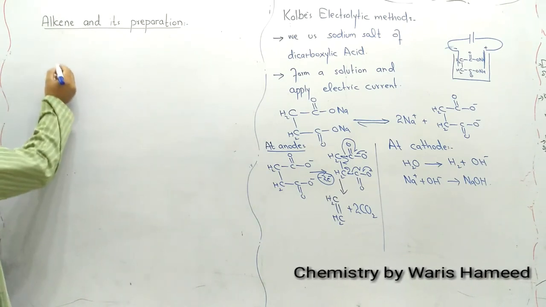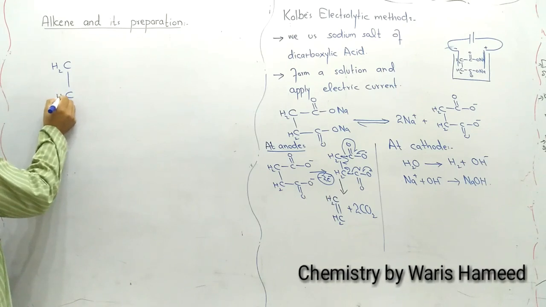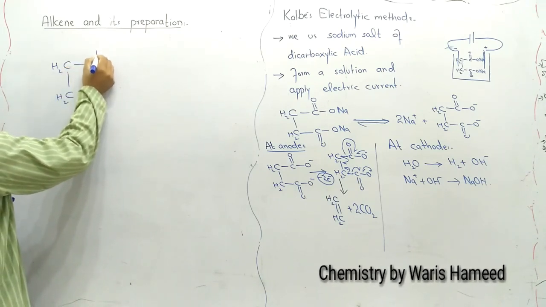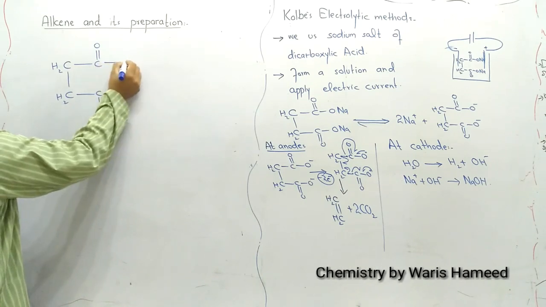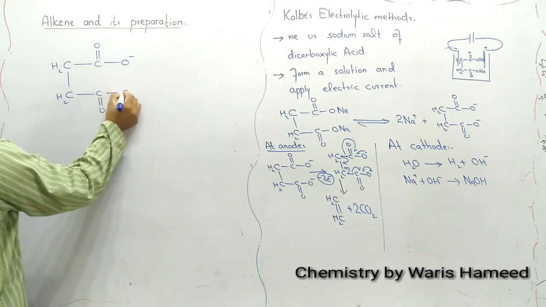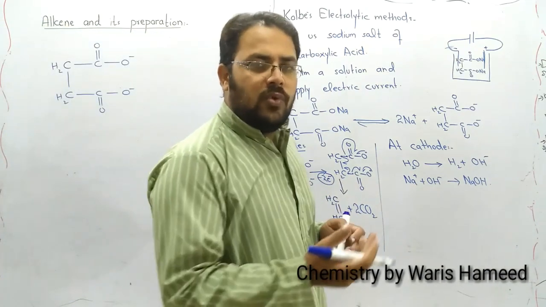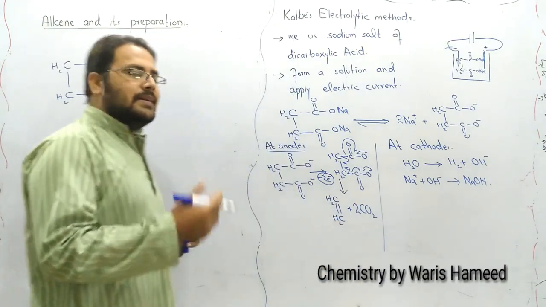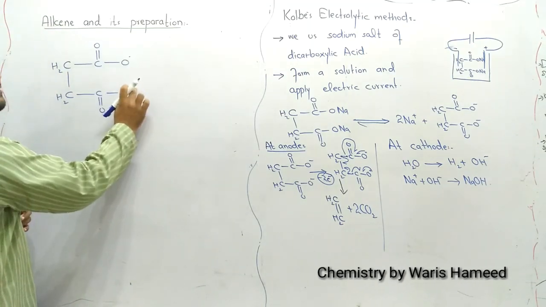Again writing this: CH2 single bond CH2, C double bond O, C double bond O, and O negative, O negative. When this ion goes toward the anode, it gives its two electrons to the anode, forming a radical.